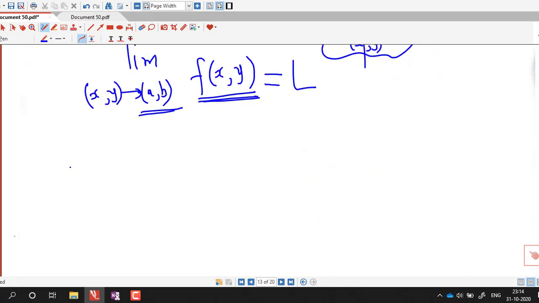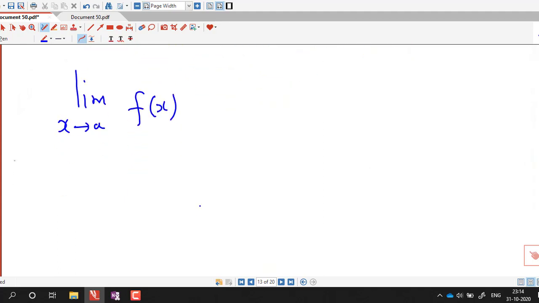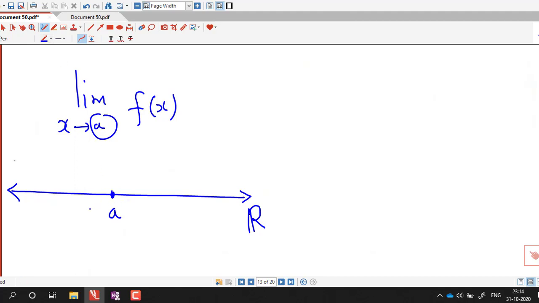For example, if we talk about the limit of a function of one variable, then the domain of this function is some interval on the real line. So this fixed point a is on the real line. Suppose a is somewhere here. So here, to approach this fixed point a, there are only two possibilities.